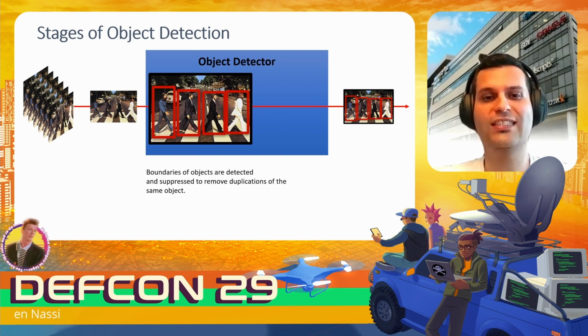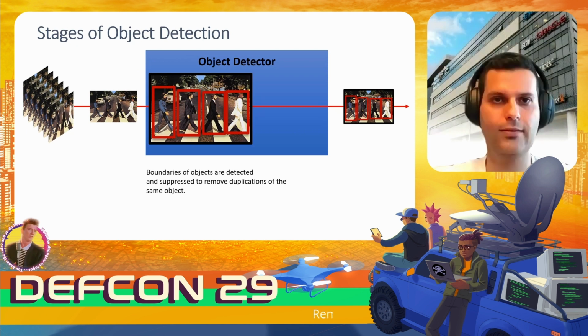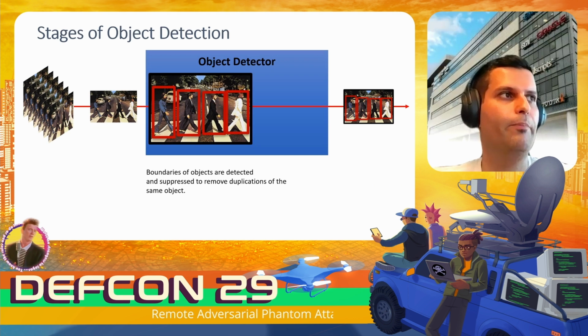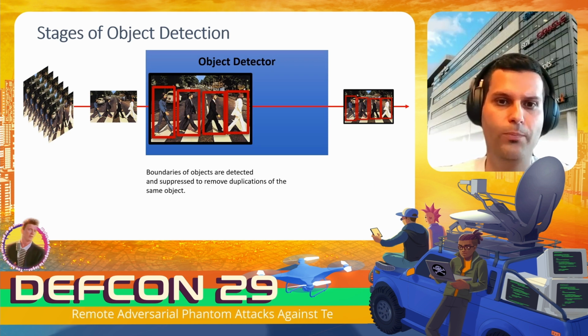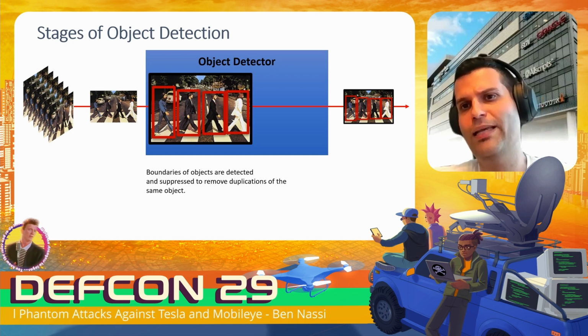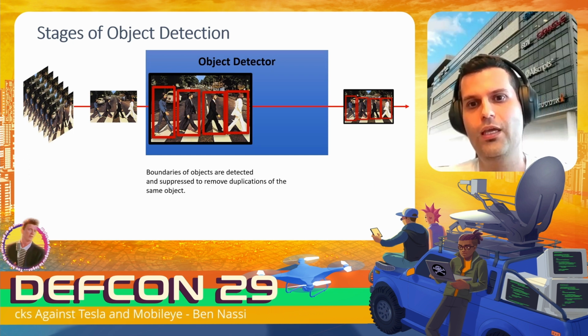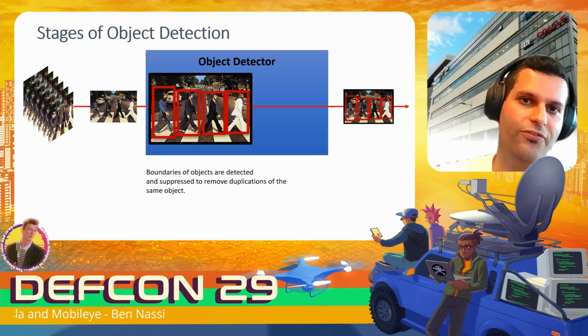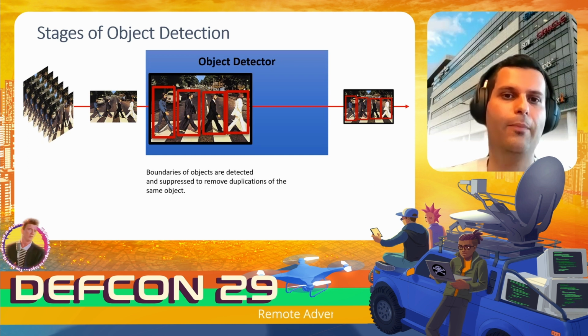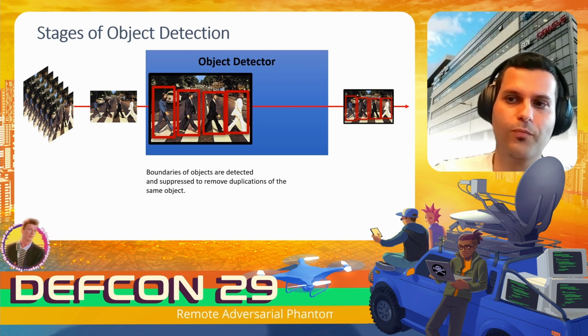Basically, boundaries of objects are detected and suppressed. And when I say suppressed, it means that duplications, where the same object is identified multiple times, are suppressed to a single detection. And at the end of this stage, we will have this nice picture. Basically, you can see how 4 pedestrians are being detected by the object detector.